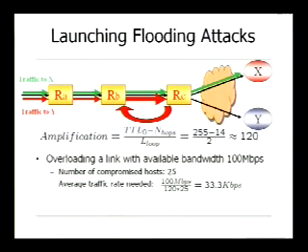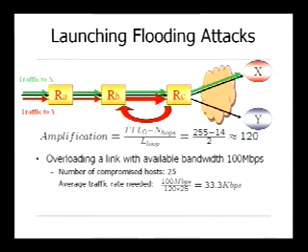Here we estimate how easily the attacker can overload the link. Suppose the available bandwidth of the link BC is 100 Mbps, and the number of compromised machines is 25. It might be more if they use a botnet with more compromised hosts.